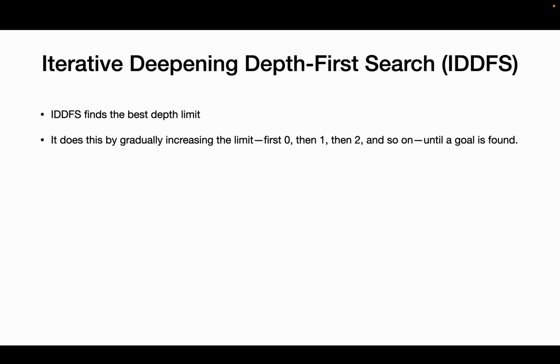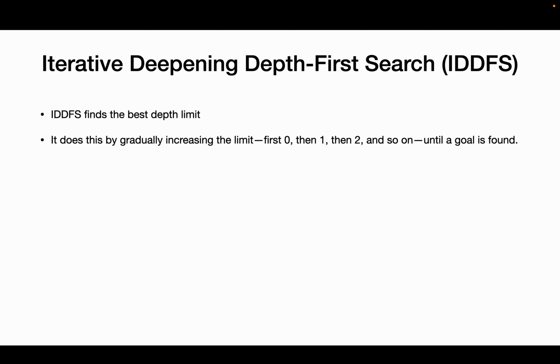Whereas in IDDFS, it finds the best depth limit. We are not going to fix the limit. We are going to slowly increment that limit and thereby get the advantages of BFS and DFS. So it does this gradually by increasing the limit.